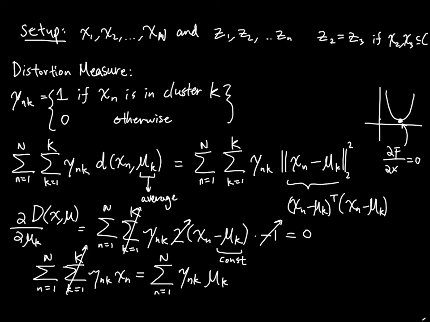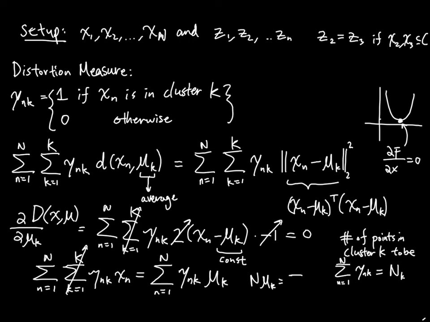And then we can denote the number of points in cluster k, the summation over n equals 1 to N of gamma nk, as Nk. So now we have Nk mu k is equal to the summation over n equals 1 to N of gamma nk xn.